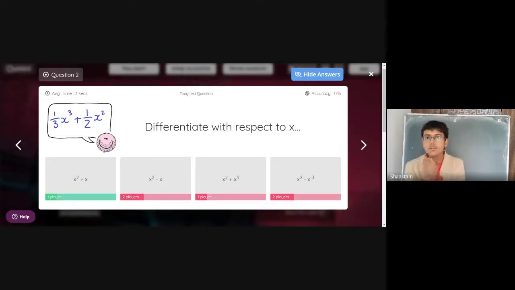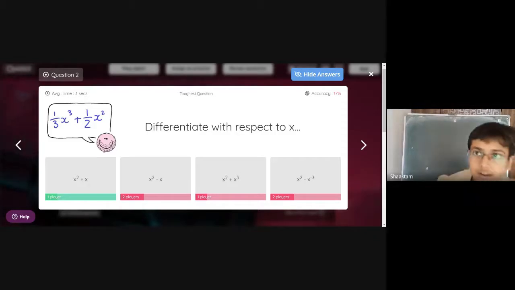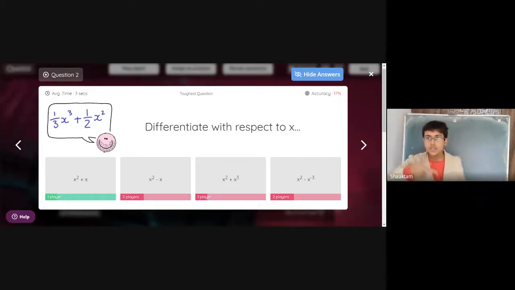So 1 by 3 into 3 is 1. x cube, nx to the power n minus 1, right? So x cube will become 3x square. And then you're multiplying 1 by 3 to it. That'll become x square. Similarly, 1 by 2 into x square will become 1 by 2 into 2 into x, which will be x. x square plus x. This was easy. This was the toughest question.